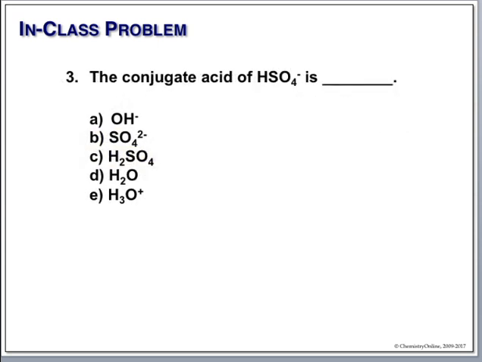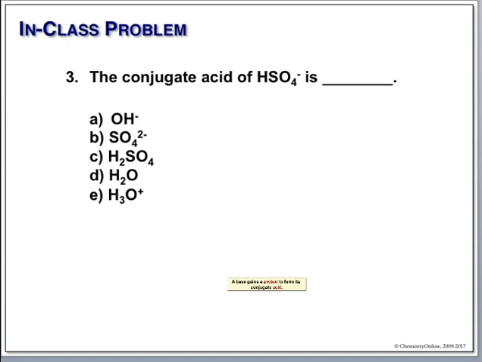And one more simple one. The conjugate acid of hydrogen sulfate is what? This is the conjugate base, isn't it? Right? That's the conjugate base.